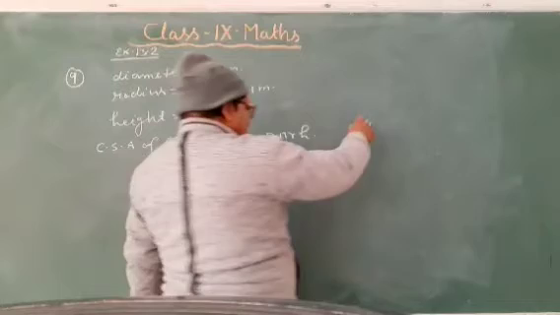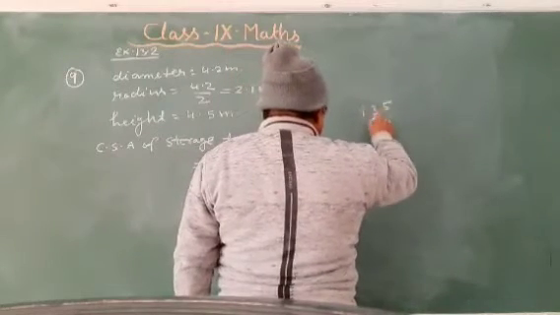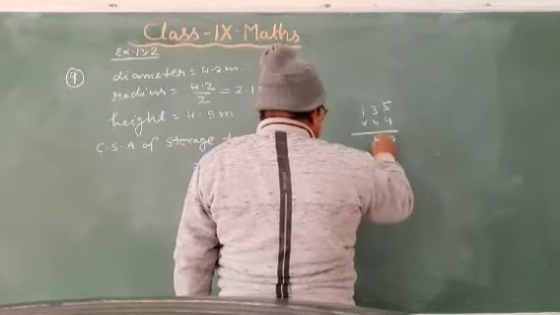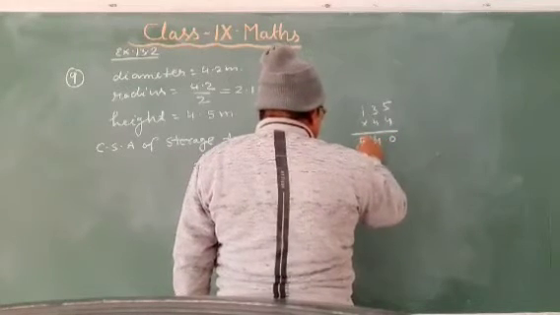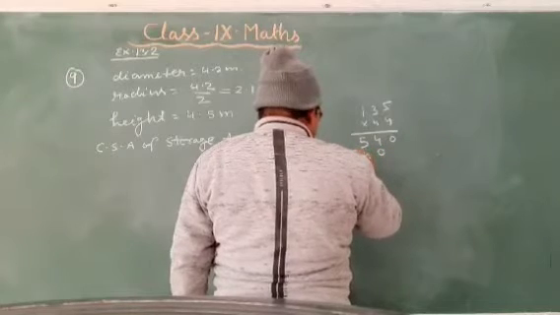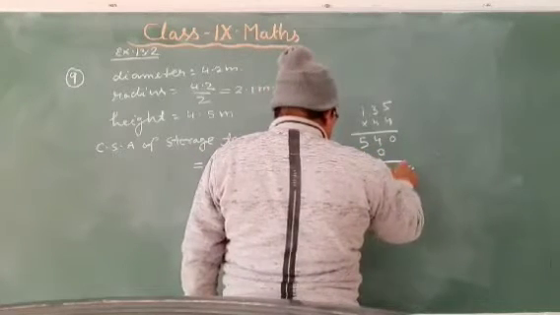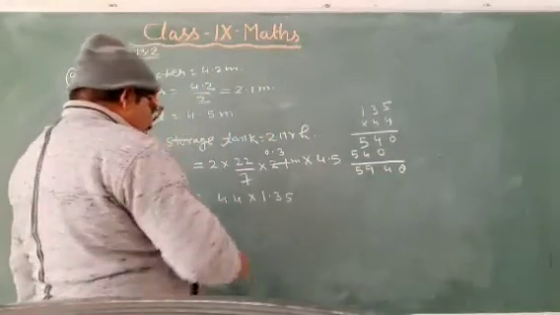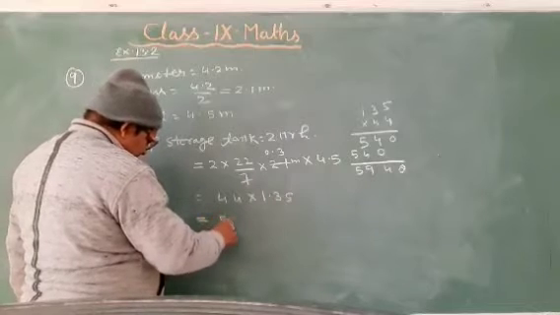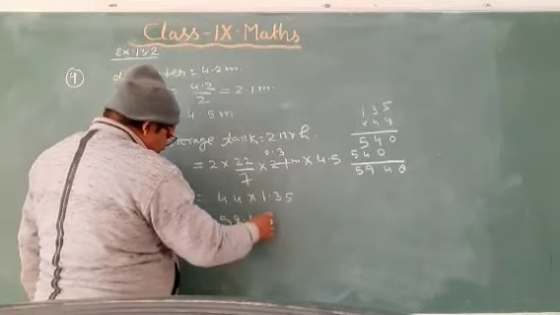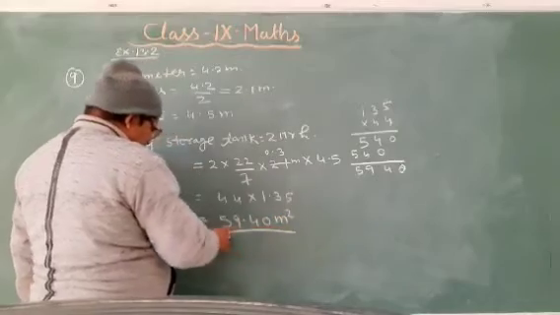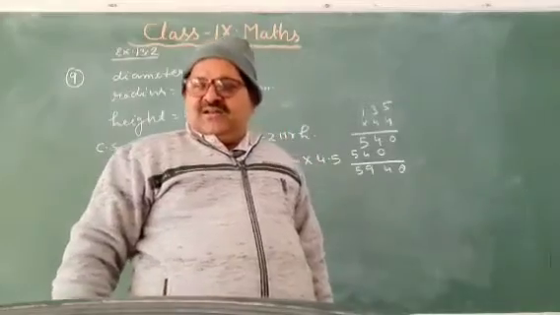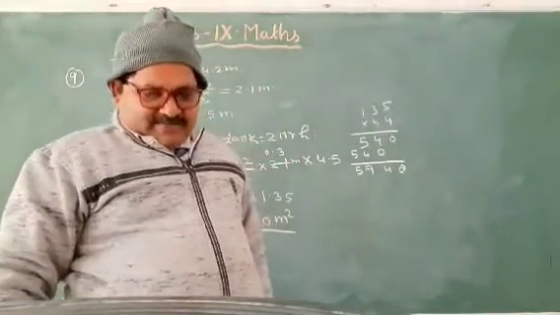Now multiply 135 by 44, and we get 59.40 meter square is the curved surface area of a storage tank.